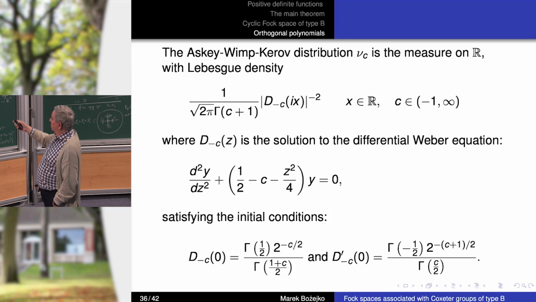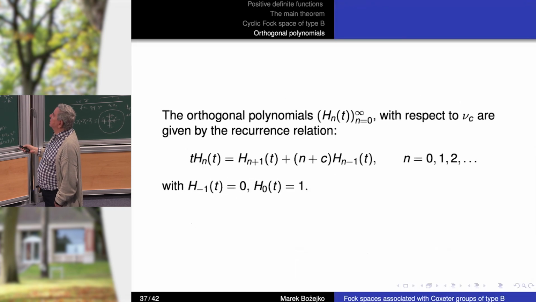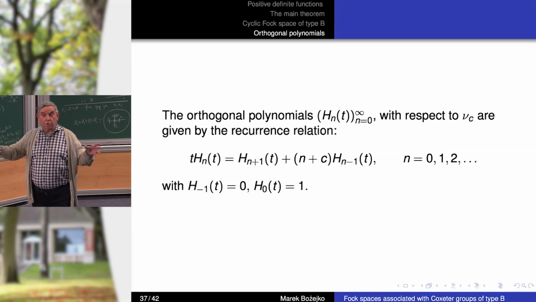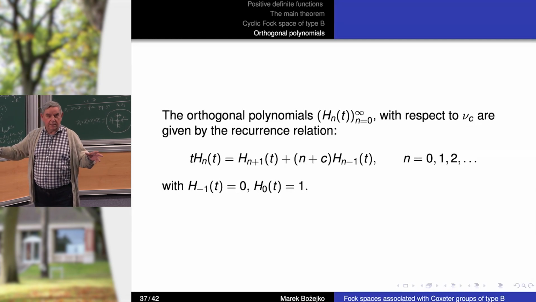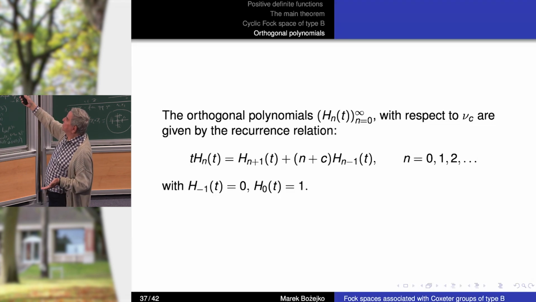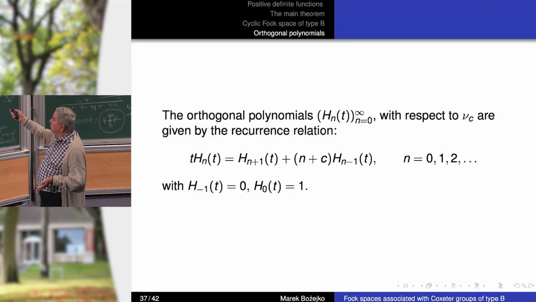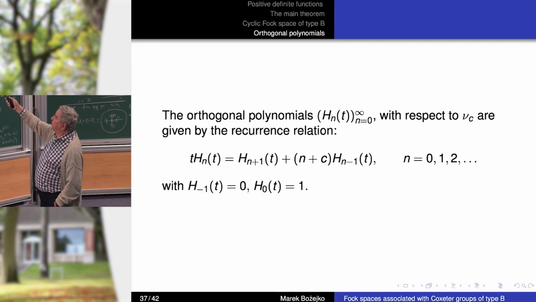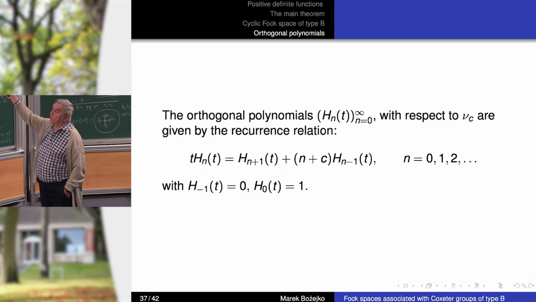And what is that D_C? This is D0, the derivation. The density is difficult to write, but the orthogonal polynomials, like Hermite for Gauss, here are a generalization of Hermite with the parameter C. So Hermite is when C equals 0, but we have C which is not 0.